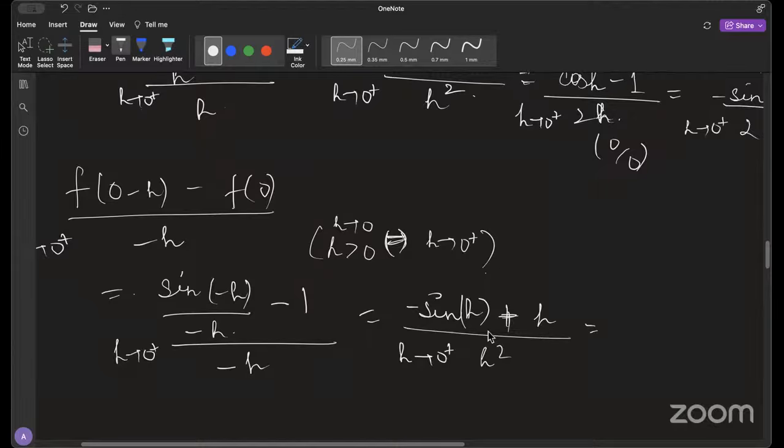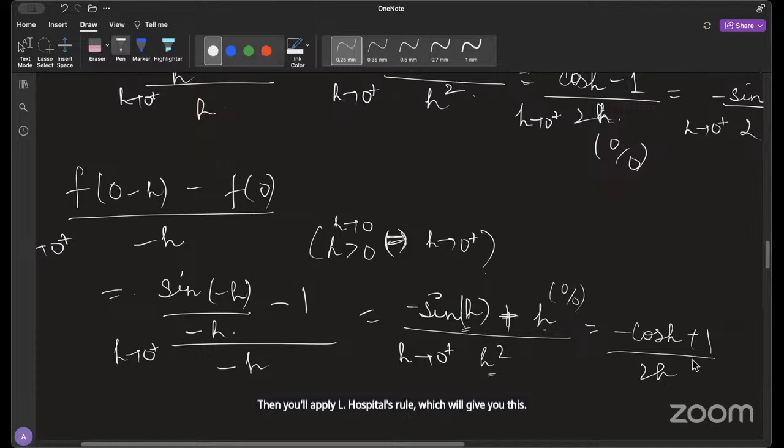So again, you will use L'Hopital's rule here because this limit will be 0, this will be 0, and this will also be 0. So it's going to give you 0 by 0 form again. Then you will apply L'Hopital's rule, which will give you this. And then you will get the 0 by 0 form again here.